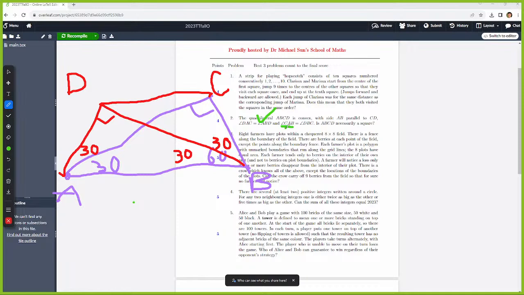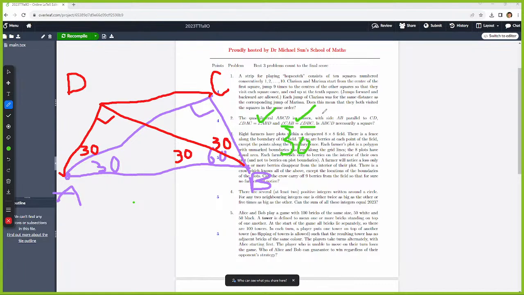Okay, so this is 30 degrees. And what do we have to check it's equal to? DBC. Okay, so D, B, C, right? So this is the other red 30 degrees. So that's also true, right?